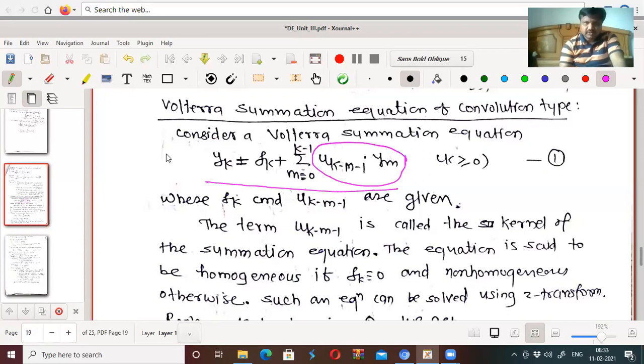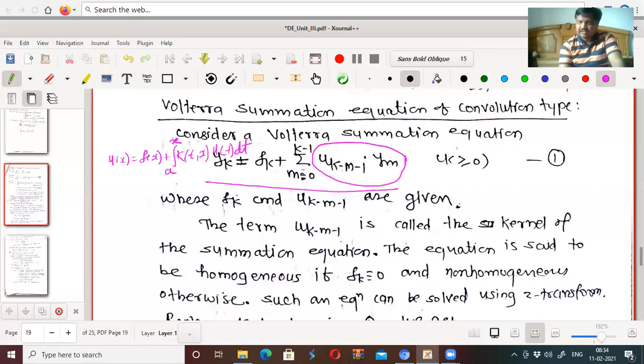We know that the Volterra integral equation is of this type: u of x equal to f of x plus integral from some a to x, of k of t, x or x, t, whatever you want, into u of t into dt.